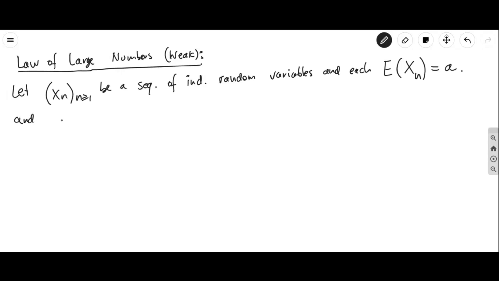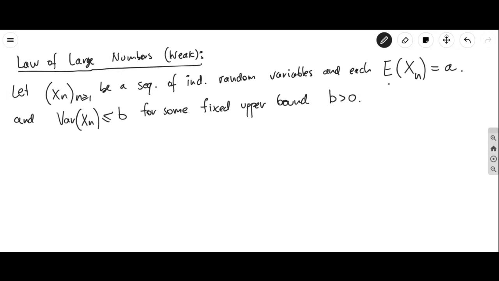And the variance of all of these, so we're going to assume the variance exists, is less than or equal to b for some fixed number, for some fixed upper bound. We can assume it's positive.